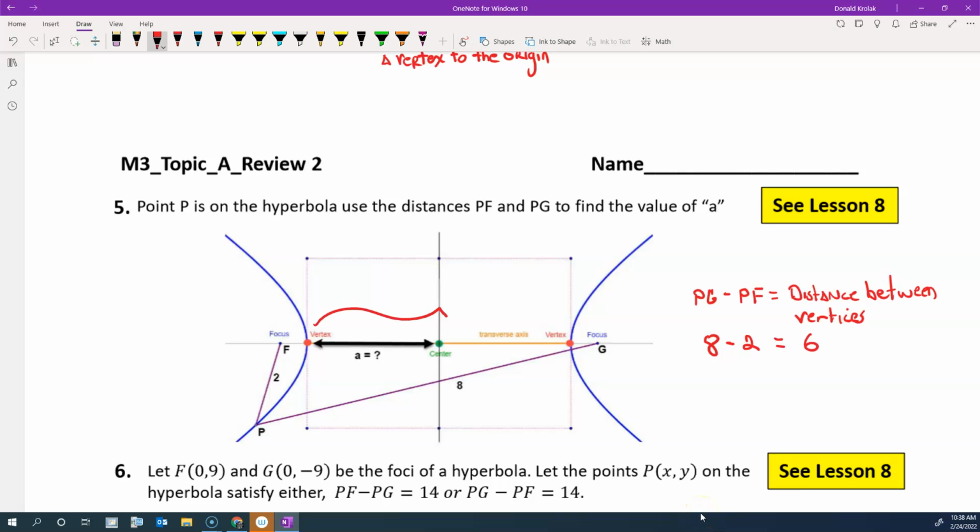So that's telling me that this is 6, so a has to be 3. A is the distance from the vertex to the origin. All right, we'll stop there.